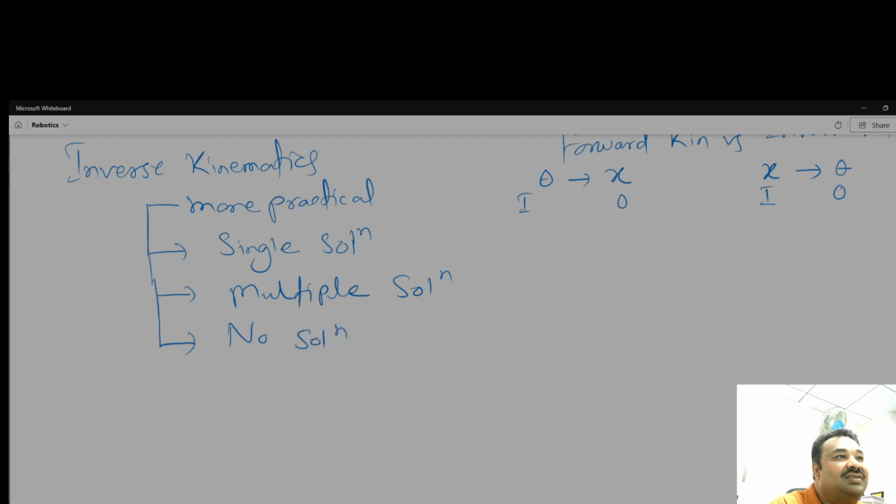So when does a single solution occur? When there will be singularity. Singularity means losing one of the degrees of freedom.